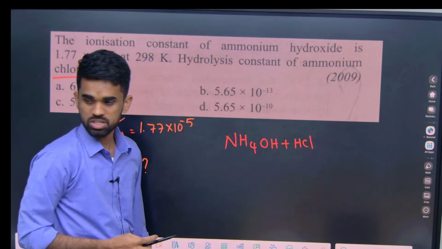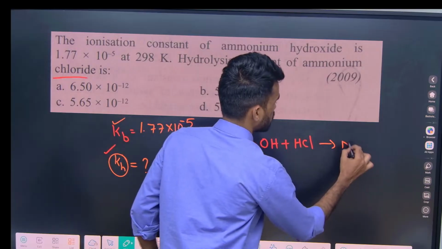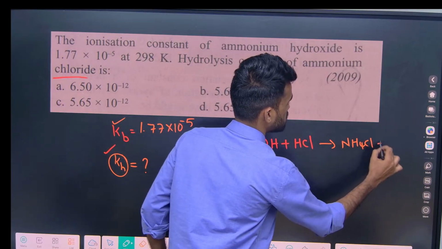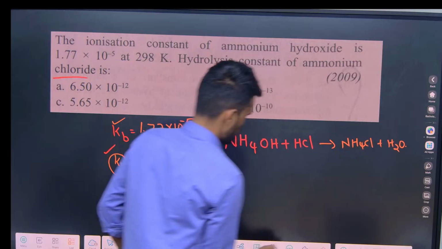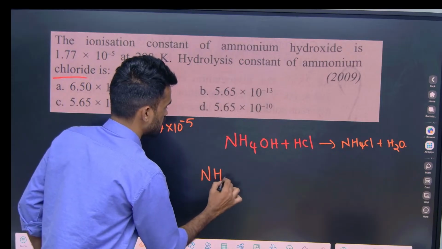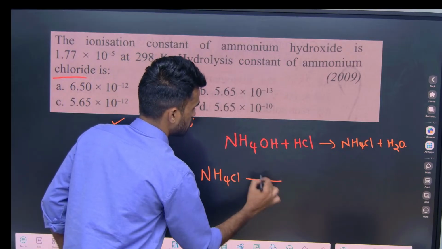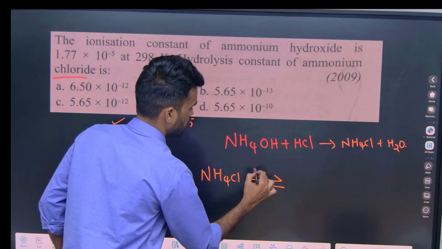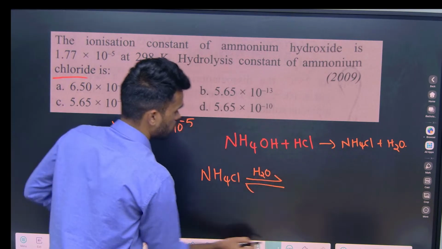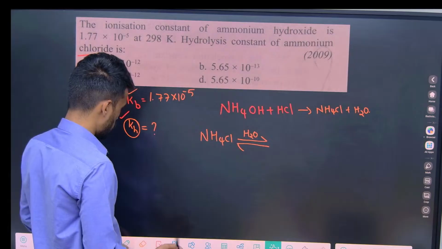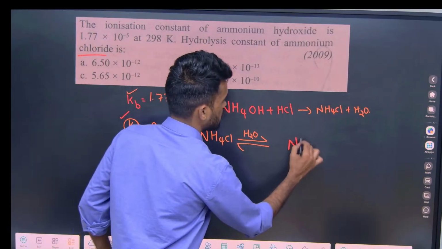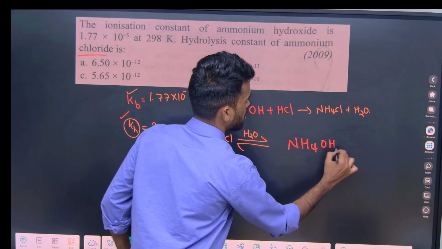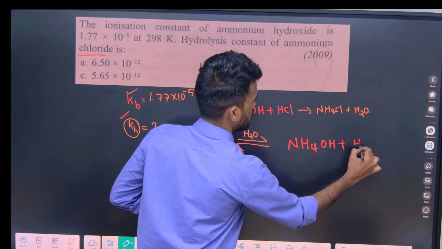This is the combination. It gives you NH4Cl plus H2O. Now what happens when you hydrolyze this NH4Cl? We are adding water so that it will undergo hydrolysis. If it is undergoing hydrolysis, you are going to get NH4OH plus HCl.